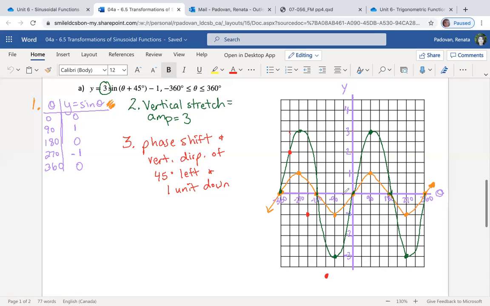And then this dot, 45 degrees to the left, and moving it down 1 would be down 2 spaces. Moving it left 1 and down 2. Moving this left 1 and down 2. Moving this left 1 and again down 2. And moving this left 1 and down 2. So you see all my dots are lining up, which tells me I haven't accidentally put 1 in the wrong spot. And now I just have to join that together.